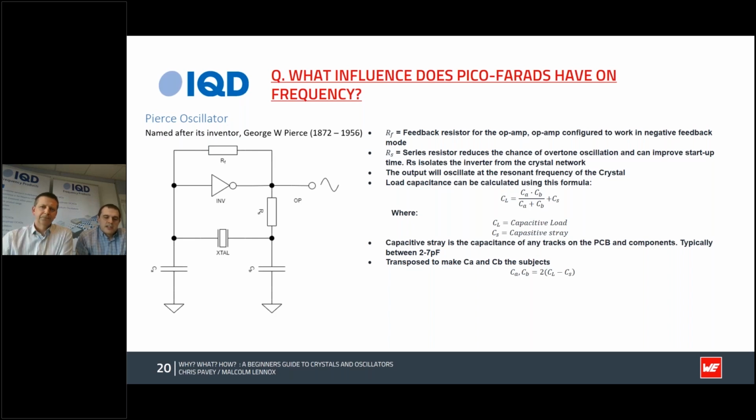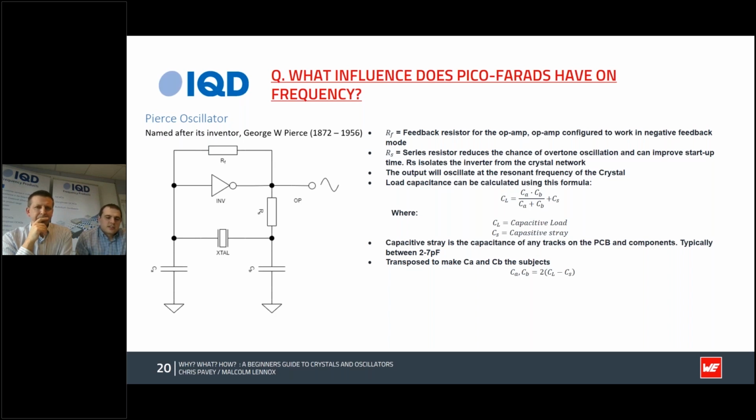However, because you can only estimate the stray capacitance, it's really important to measure the frequency of your actual circuit to recheck that the frequency reaches the required accuracy for your application. To find the required values of CA and CB, use the transposed formula: CA and CB equals 2 times CL minus CS.